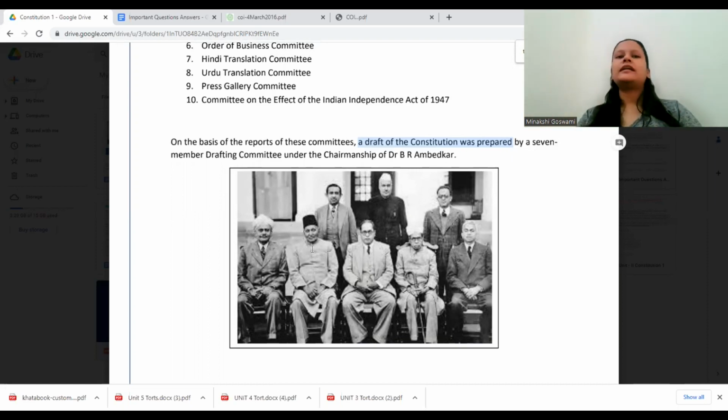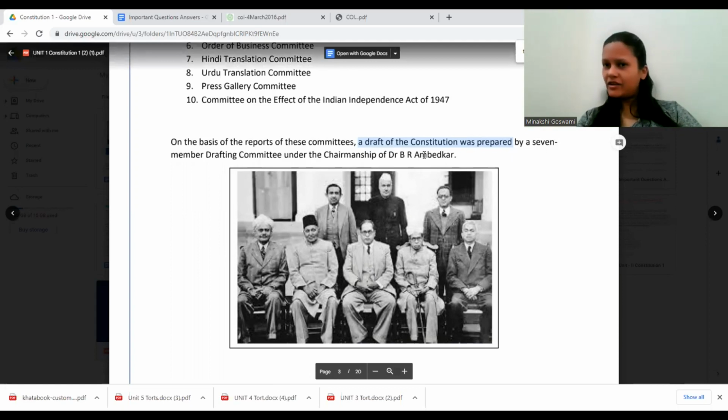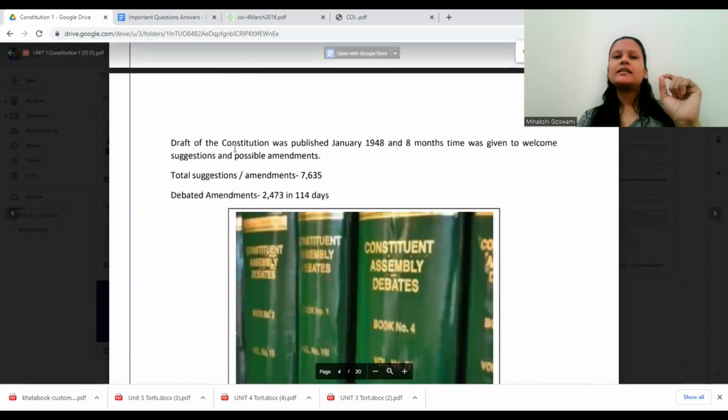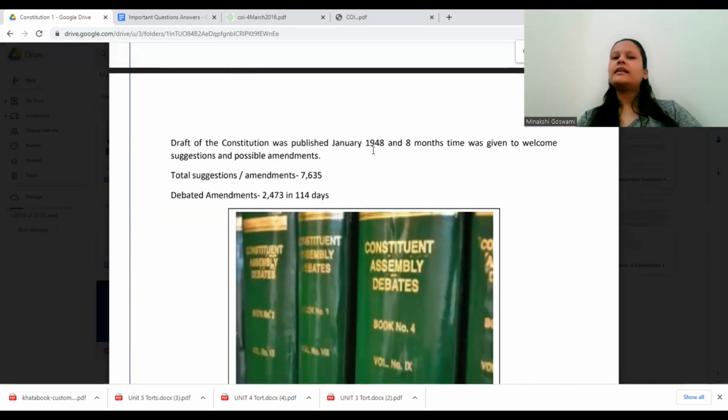So they did not finalize this draft constitution, they simply prepared the draft and published it in January 1948. They said that you have 8 months of time. You can read this draft constitution, and if you feel anything is wrong there, any mistake is there, you can tell that.